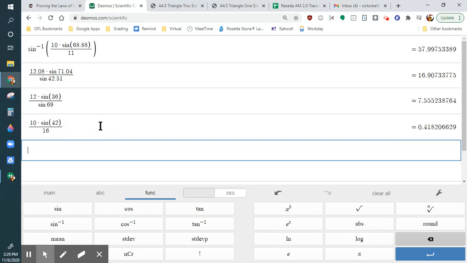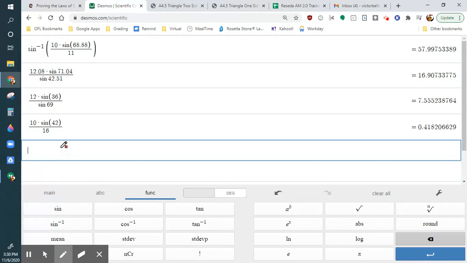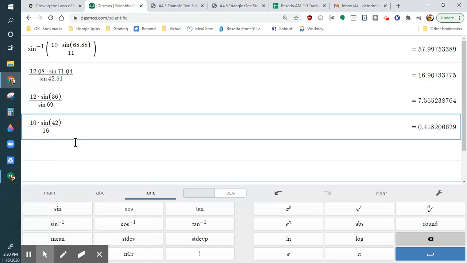We're going to hit enter on here. And that cannot be right. Oh, sine inverse. I almost forgot. We have to do the sine inverse of this. I was like, that can't be right. It's a decimal. Duh, because sine inverse takes a decimal and gives you an angle.